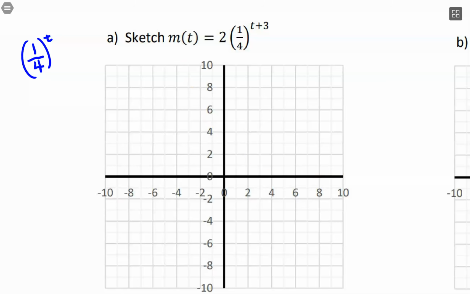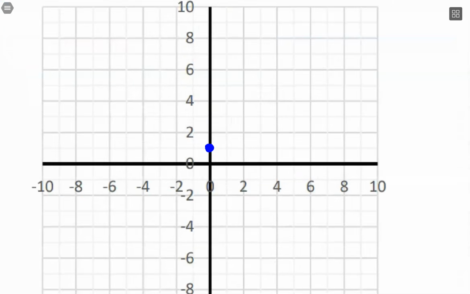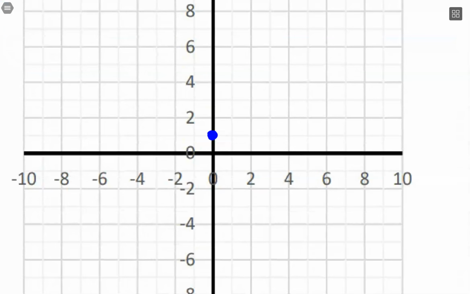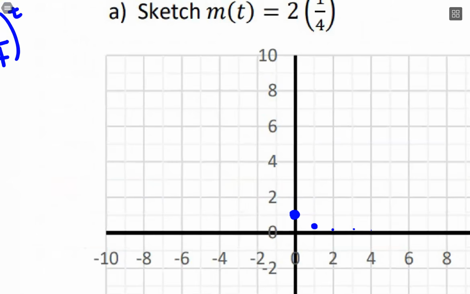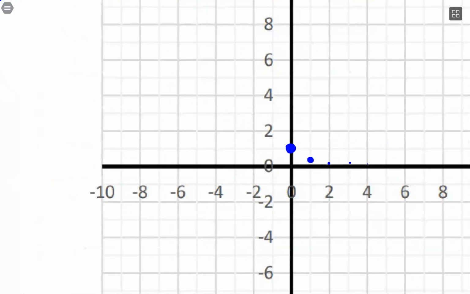So we'll have the point (0, 1), and then if I move over 1 unit, it should have gone down by 1/4, so we'll have a 1/4. And then it would be a 16th, and so on and so forth, and then we'll just be getting close to the x-axis there with the asymptote. Then moving in the opposite direction, it reverses, so in this direction we're dividing by 4. If I go this way, I'm multiplying by 4, so if I'm at -1, that flips the fraction, so I'd have 4 over 1, so I have a 4.